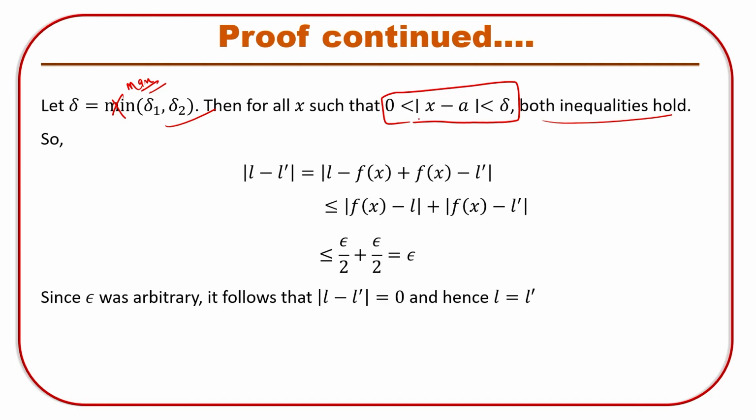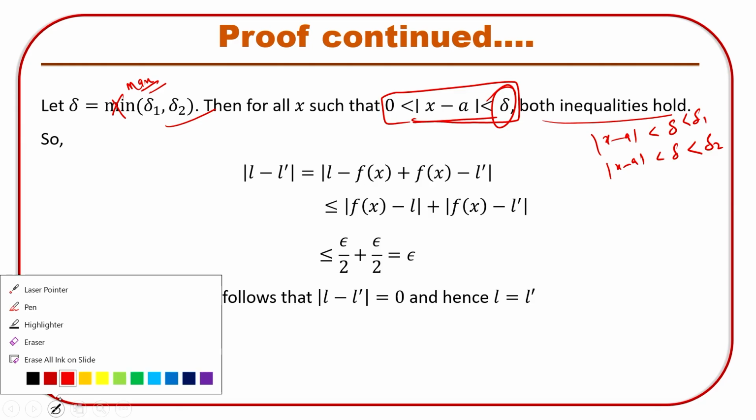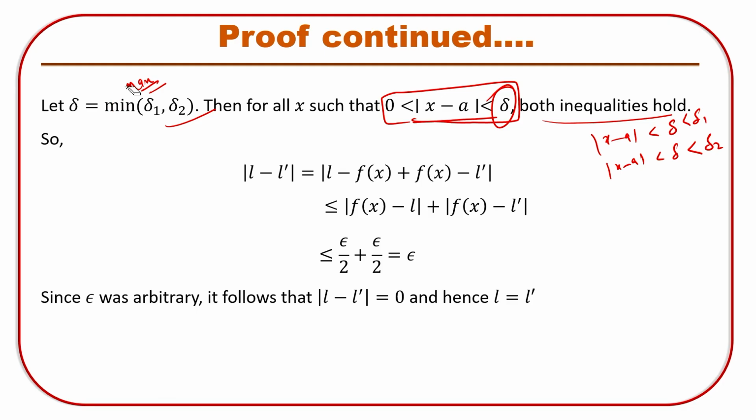So if I have modulus of x minus a less than delta, that means it must be less than delta 1, and modulus of x minus a less than delta must also be less than delta 2. So I have to take the minimum of these two.